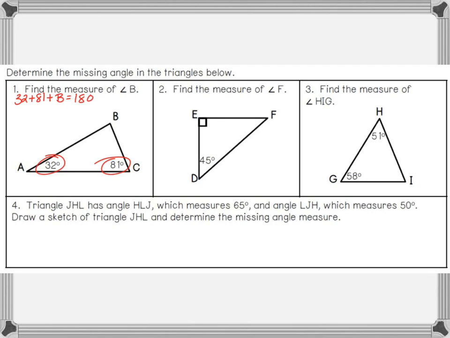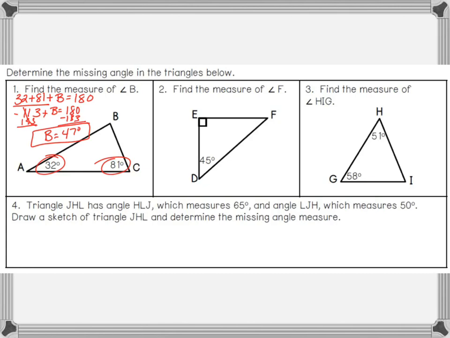So I would add these together. 32 and 81 added together gives me 113. That added to B has to total 180 because every triangle is 180. Then I would subtract 113 from both sides of my equation, and I'm left with angle B being 47 degrees.